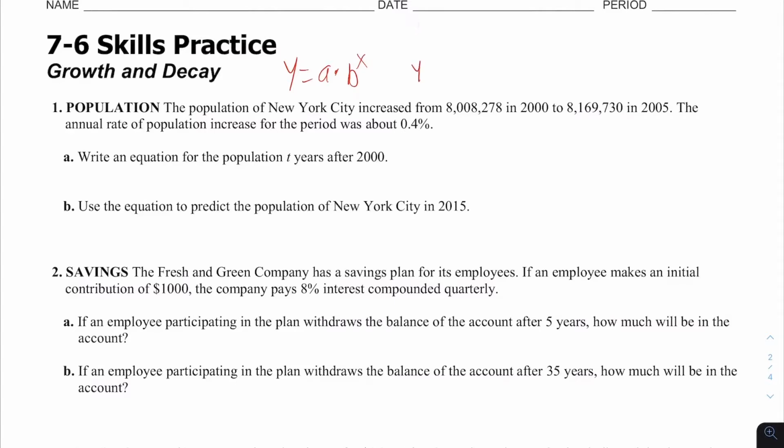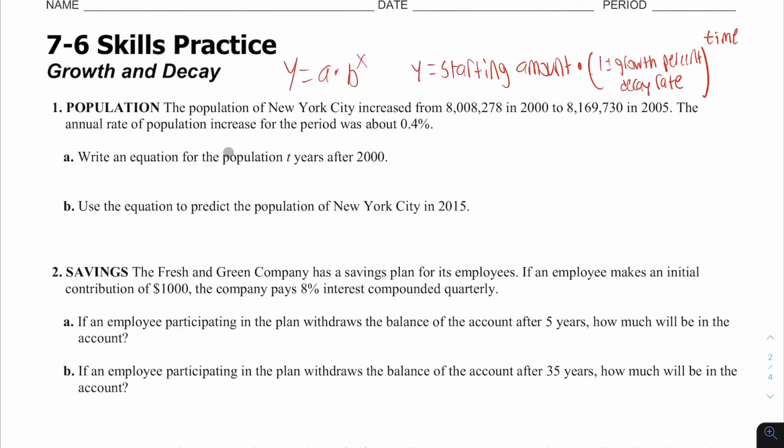Another way is y equals the starting number times 1 plus or minus the growth rate or decay rate, and then that 1 plus the growth rate or 1 minus the decay rate will be raised to the power of time normally.